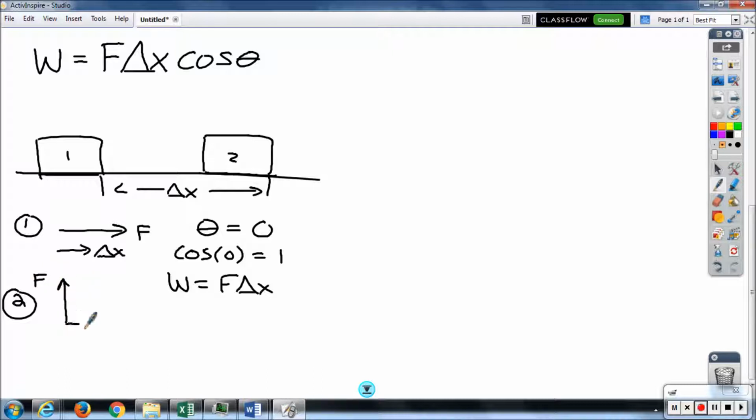At the same time, the box is moving to the right. We'll cover some displacement. This angle here now is 90 degrees. The cosine of 90 equals 0. So it must be true that the work done by that force is 0.